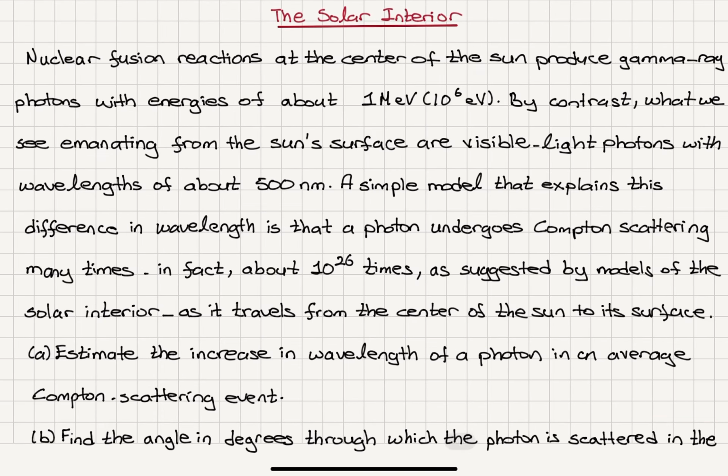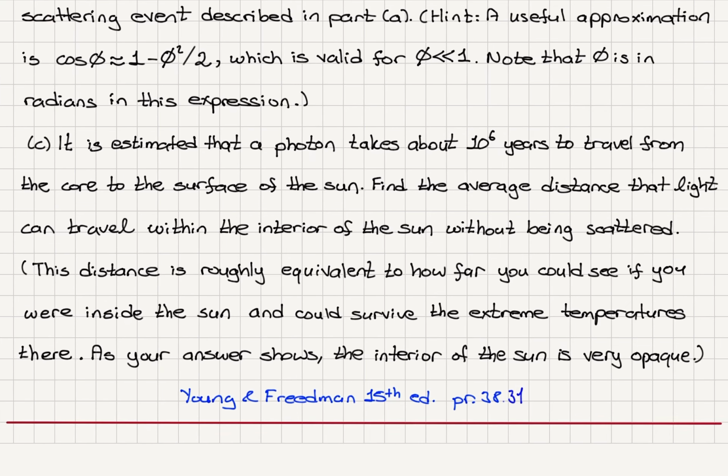Part B, find the angle in degrees through which the photon is scattered in the scattering event described in part A. Hint, a useful approximation for cosine phi is 1 minus phi squared over 2, which is valid for phi much less than 1. Note that phi is in radians in this expression.